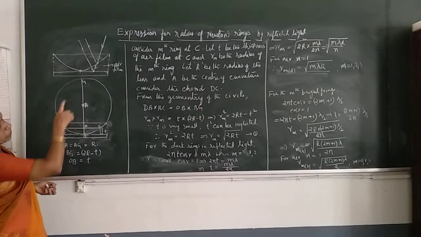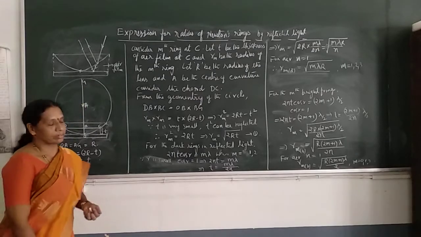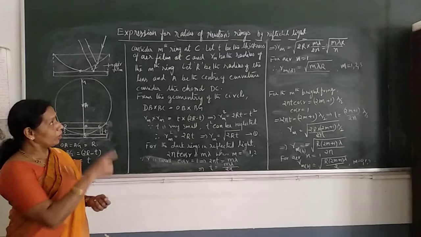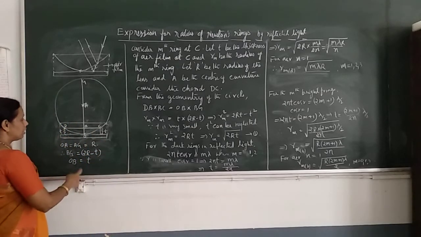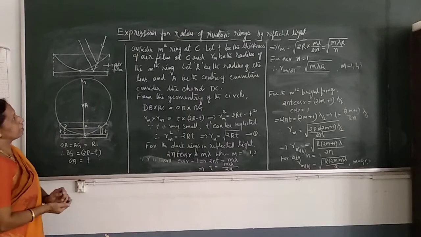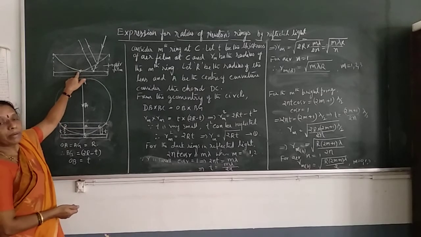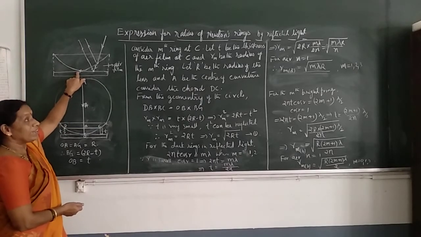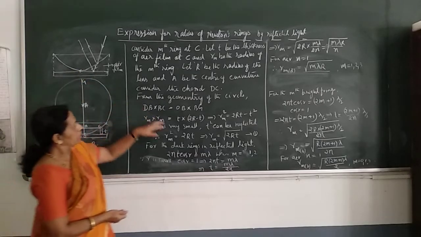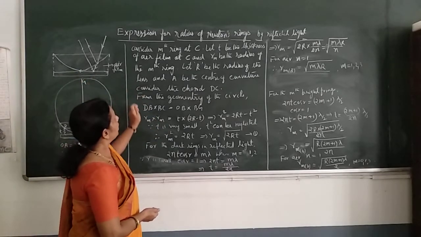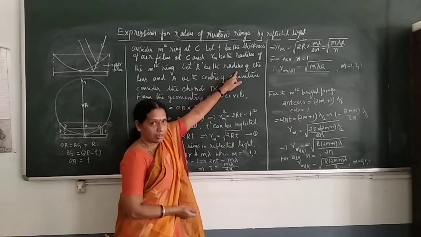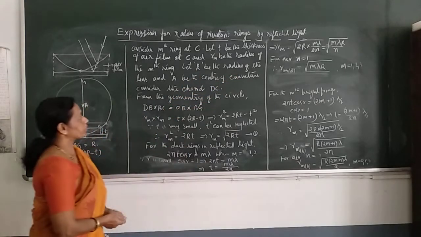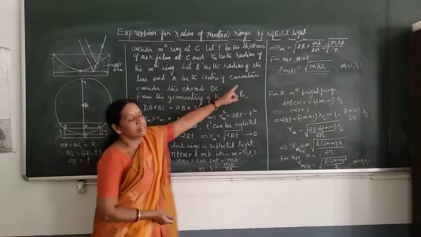Now to get the expression for the radius of Newton's rings in reflected light, let us consider the plano-convex lens of long focal length. Let R, capital R, be the radius of curvature of this plano-convex lens, and let A be the center of curvature.